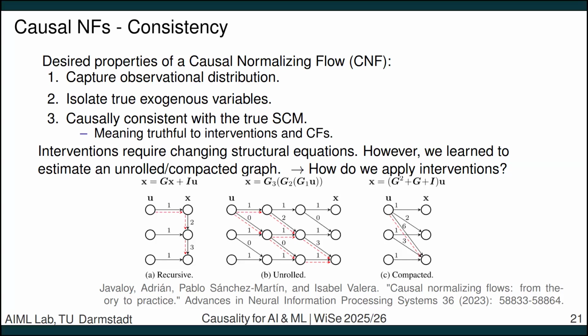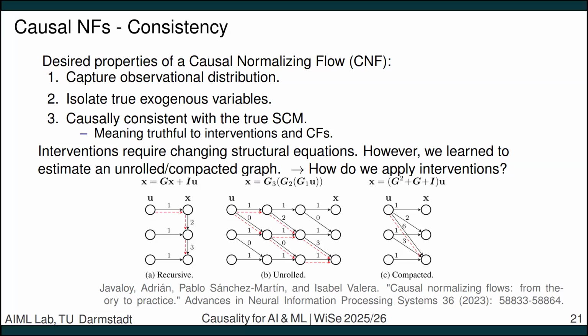But since we are now in an autoregressive normalizing flow, what we can do is we go to our observational vector. We replace that particular second variable value with the interventional value, and then we reverse the normalizing flows for the second variable value. So basically, we are inferring all the U's that would have led to this particular intervened value.